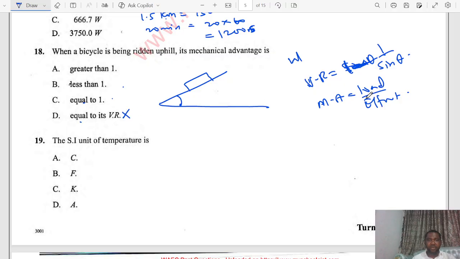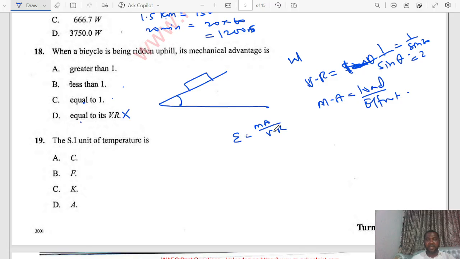Of course, it cannot be equal to its VR, because if you want to calculate the efficiency, it is mechanical advantage over velocity ratio. And when you say 1 over sine theta, let's assume theta is 30 degrees. You're going to have 1 over sine 30, which is going to be 2. So definitely 1 over sine theta is greater than 1. And for this to be greater than 1, it means the mechanical advantage should be either equal to 1 or less than 1.